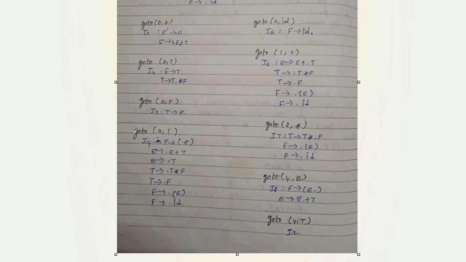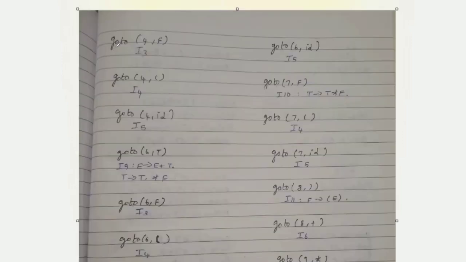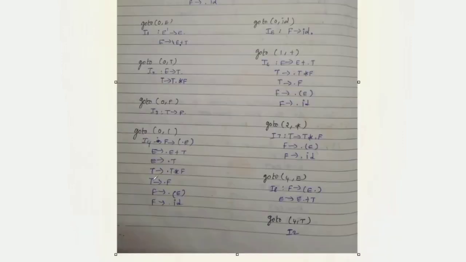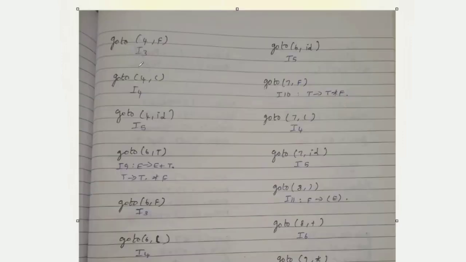Next transition, go to item number 4. We move dot over the symbol name capital T. Then you will get E tends to T dot and the other production T tends to T dot star F. We got these productions in item number 2 already, so write I2 here. Then transition go to 4 comma F. See the production T tends to F dot, which is already in item number 3, so write item number 3 here.